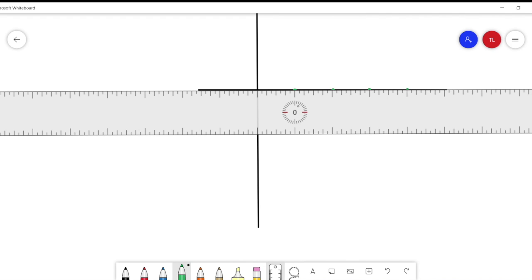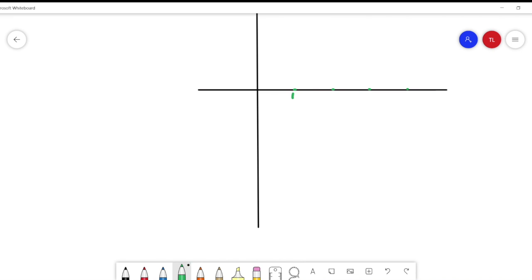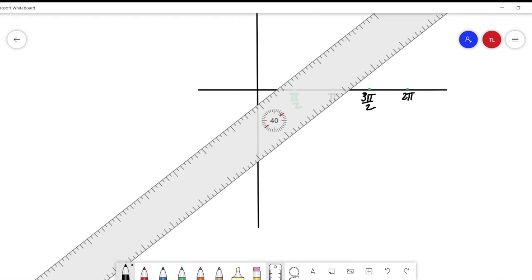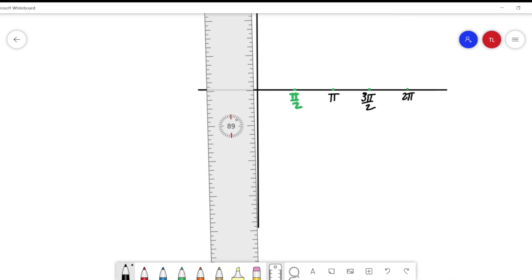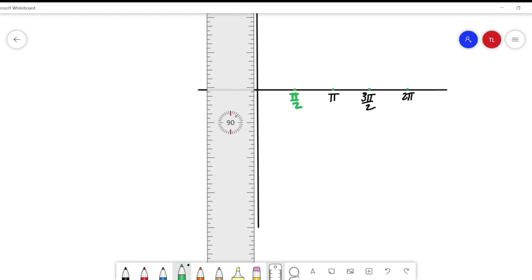How many do I have to have? 4. All right. Now, let's get him out of the way. Then this is pi over 2. This is what? Pi, 3 pi over 2, and 2 pi. Now, I didn't get any marks up and down. I'm going to go back and mark up and down. All right, let's get a little closer. Back with the green. All right, I'll just go with 1.